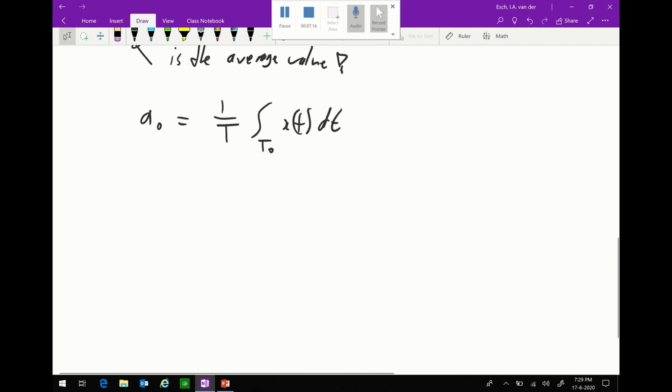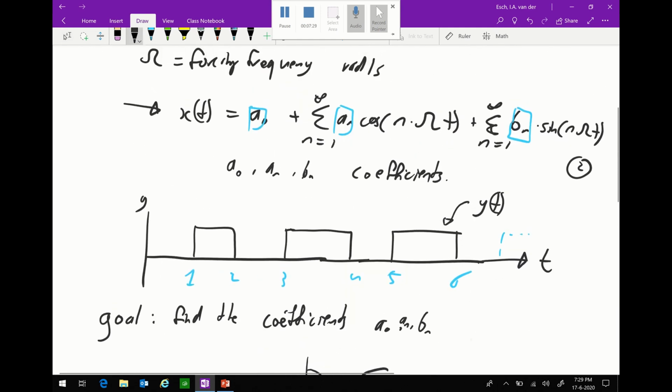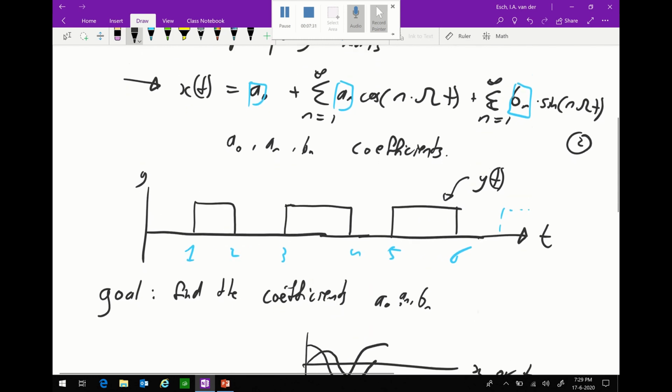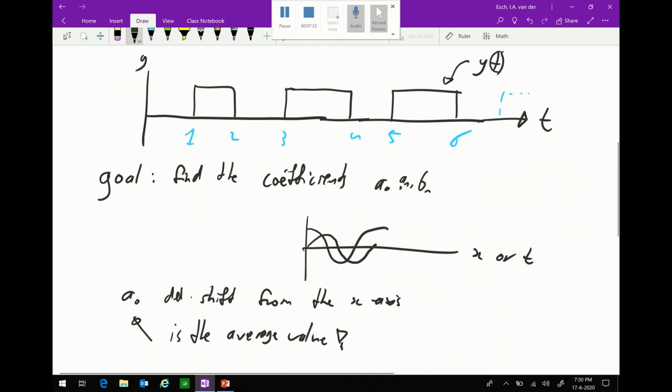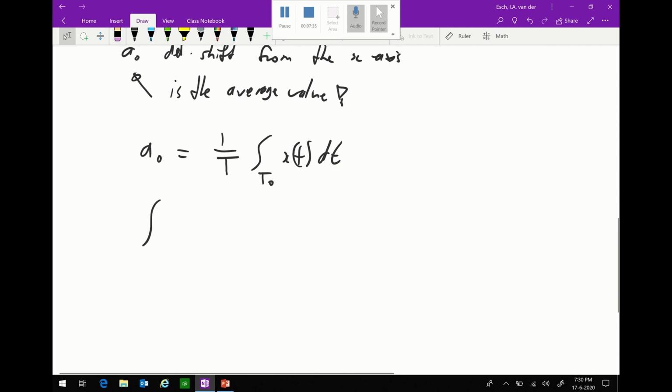And we can derive this expression also in a more formal way. Let's do that. If we go back to equation number 1 or 2, it doesn't matter, what do we have then?